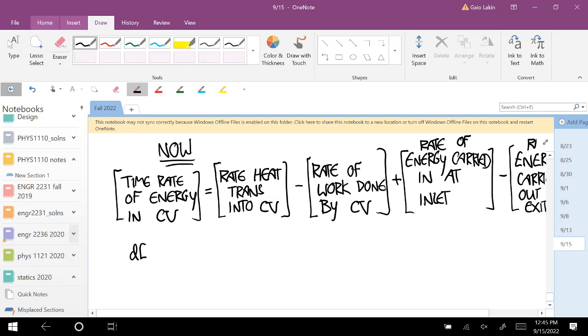So you have the time rate of change of energy in the control volume is equal to Q dot minus W dot plus, at the inlet, all of the terms that make up the energy in the material: there's an internal energy, a potential energy, a kinetic energy.